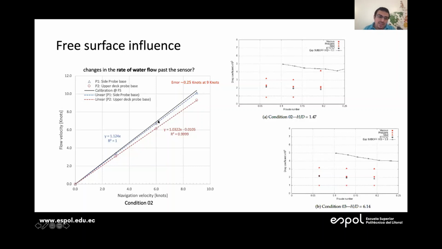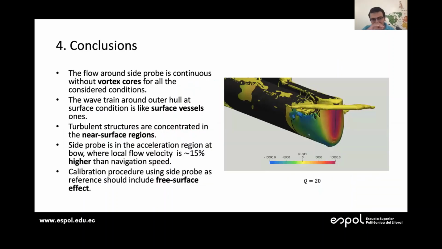So it's not safe for them to perform that calibration and use them, especially if they stay more than, I would say, 2 or 3 hours submerged. So I hope that we can fix that in the future.